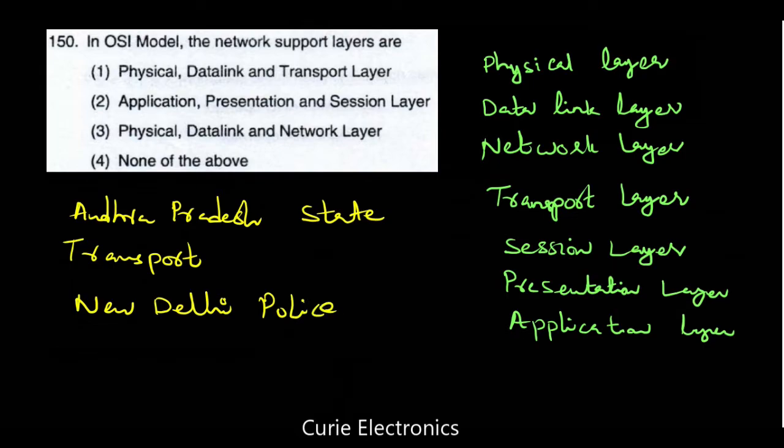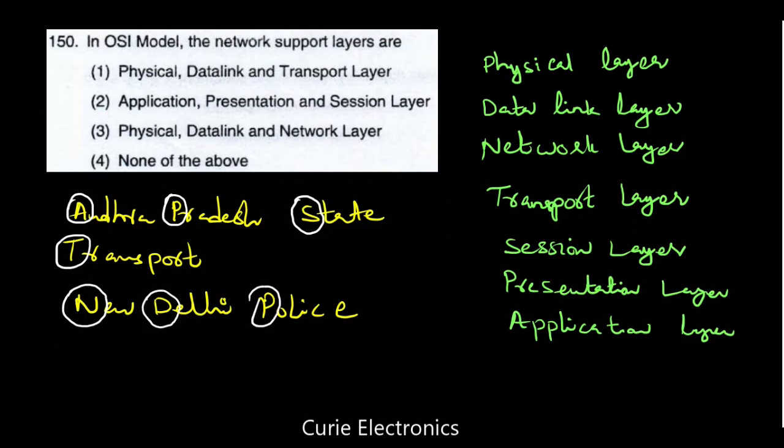By remembering this sentence, we can remember the layers. A is for application layer, P for presentation layer, S for session layer, T for transport layer, N for network layer, D for data link layer, P for physical layer. So the network support layers are the physical layer, data link layer and network layer.